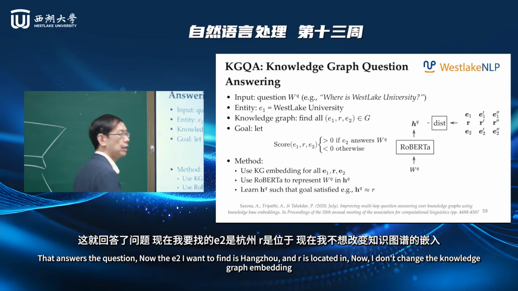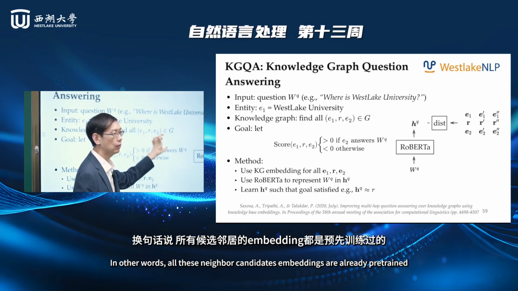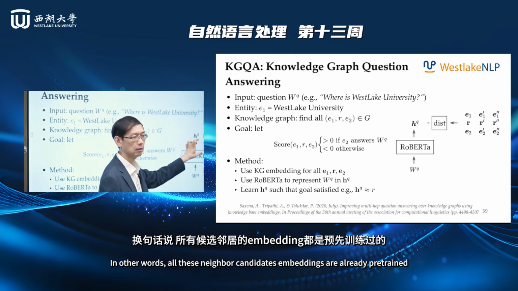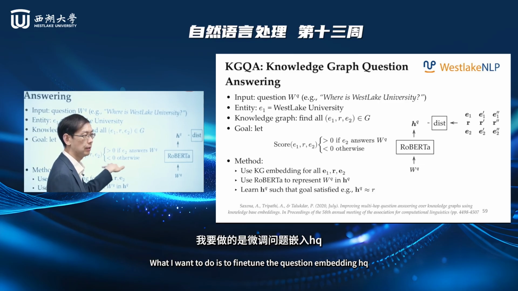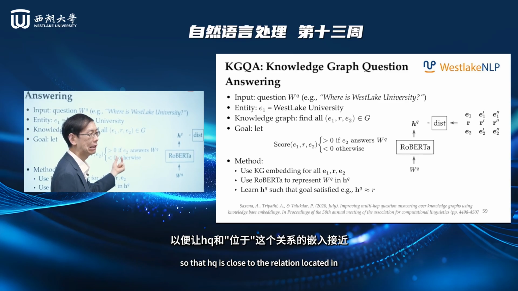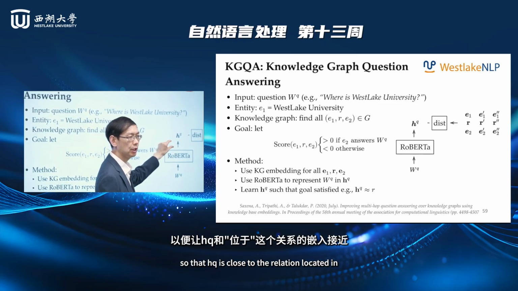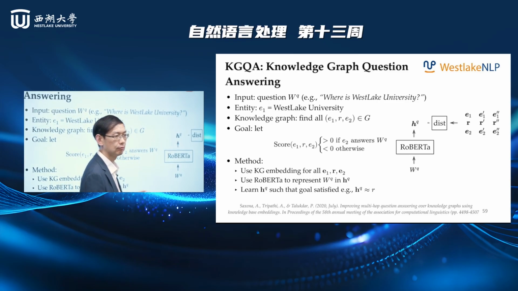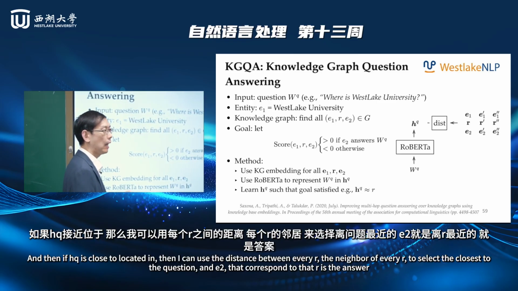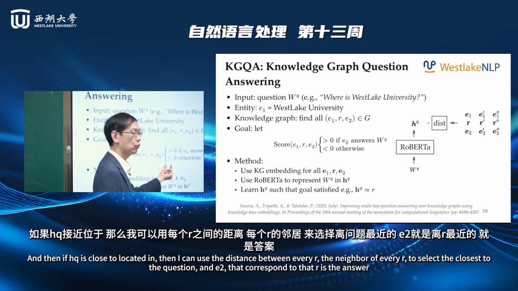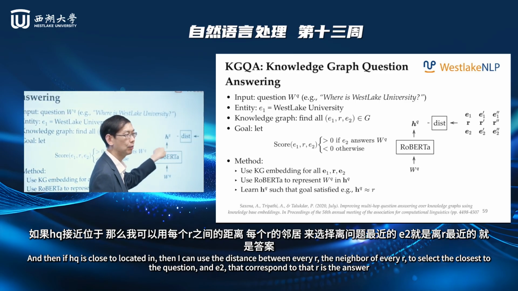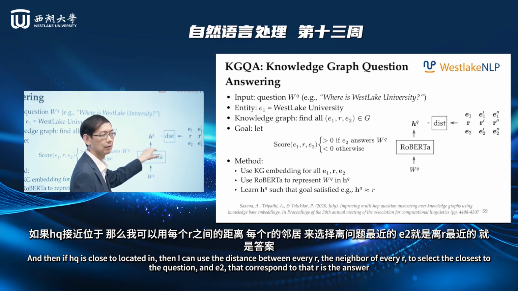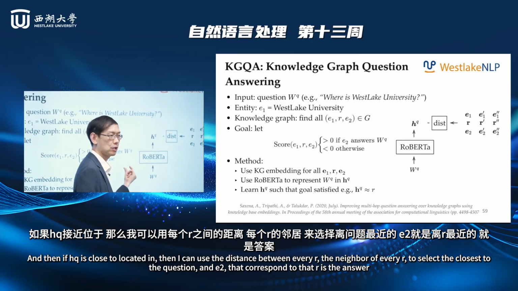Now I don't change the knowledge graph embedding. In other words, all these neighbor candidate embeddings are already pre-trained. What I want to do is to fine-tune the question embedding, H_Q, okay? So that H_Q is close to the relation located in. All right? And then if H_Q is close to located in, then I can use the distance between H_Q and every R, the neighbor of every R, to select the closest to the question.